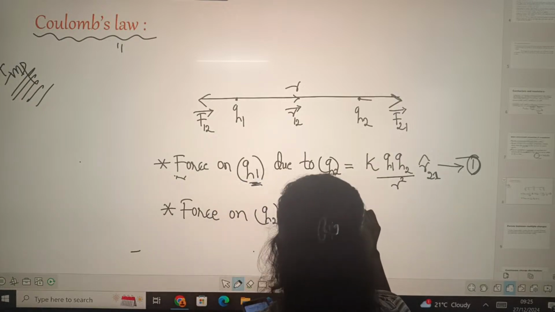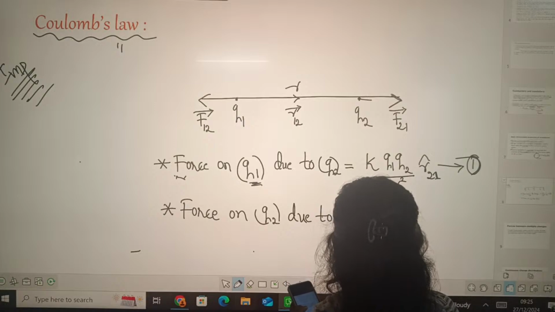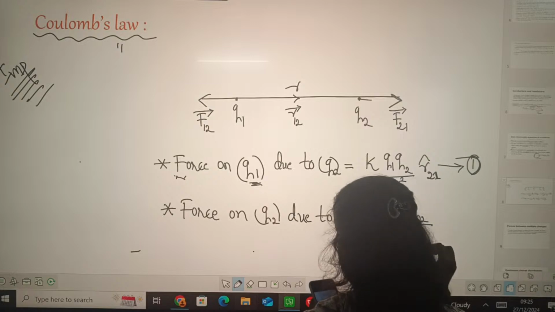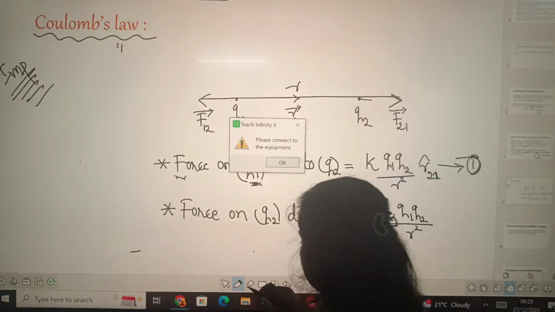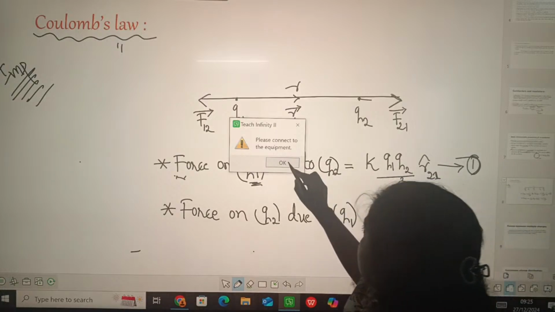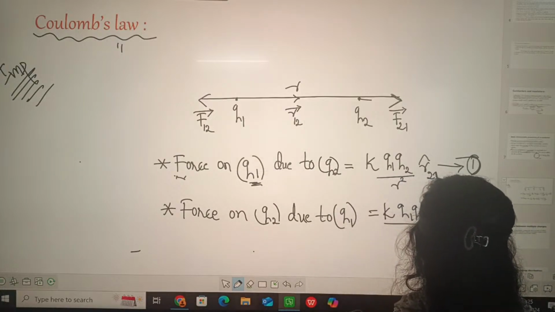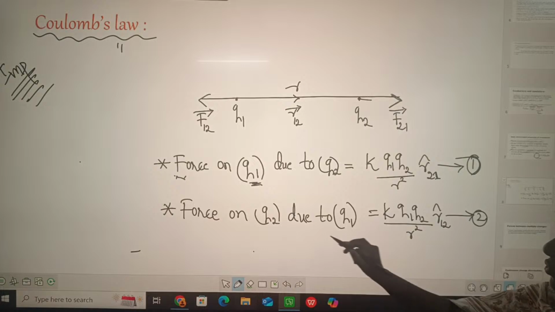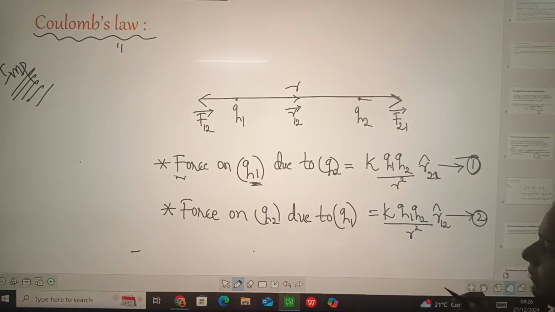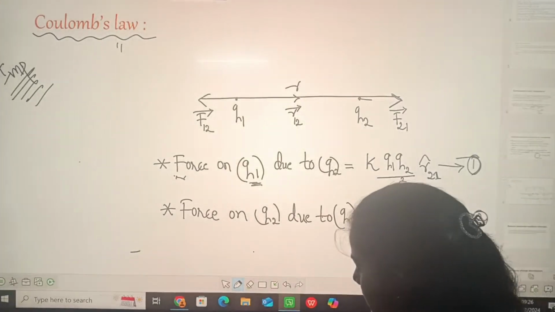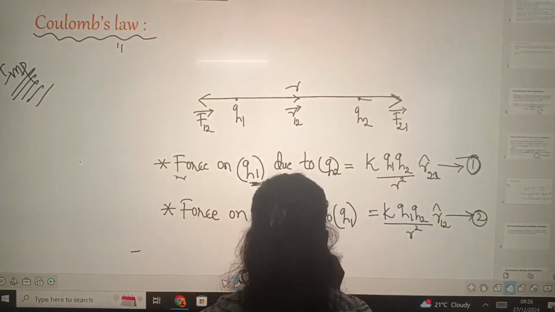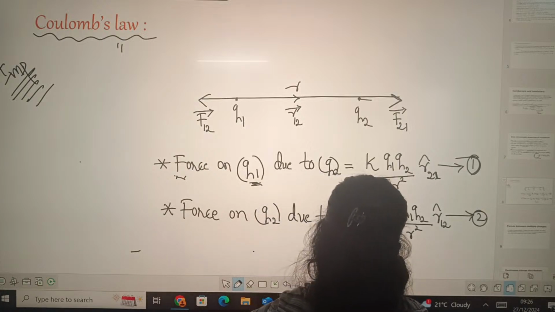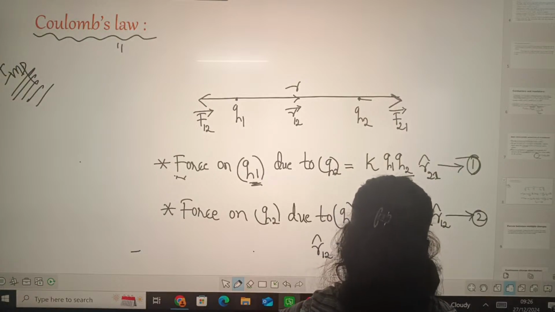It is K into Q1 into Q2 divided by R square into R cap 12, because it is the force on Q2 due to Q1. Here R cap 12 is a unit vector.